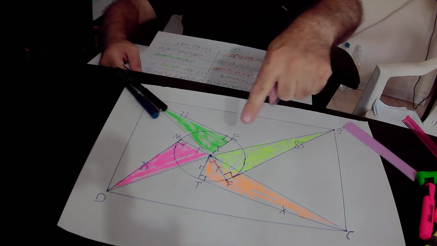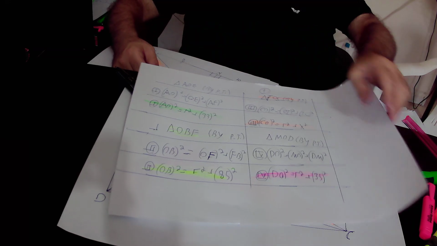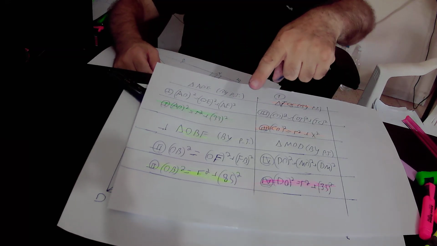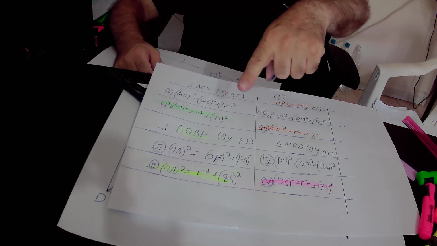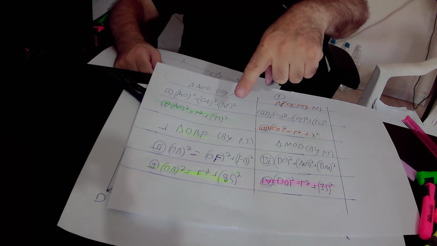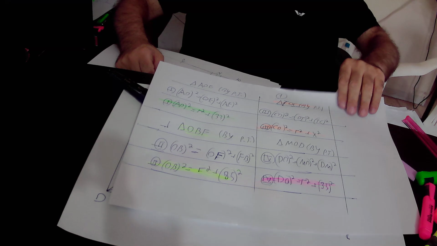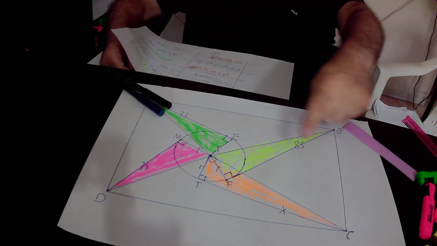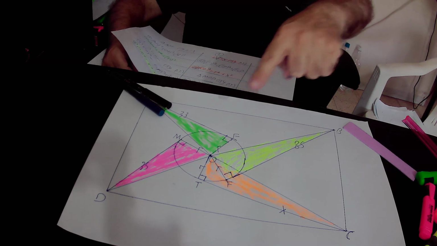BF is 85, OF is R, therefore OB square equals OF square plus BF square, which is OB square equals R square plus 85 square. Then we joined points O and C together by a straight line. In this way we created the right orange triangle OTC.